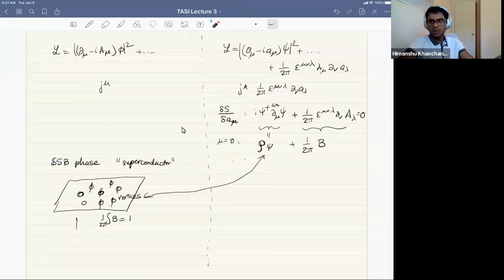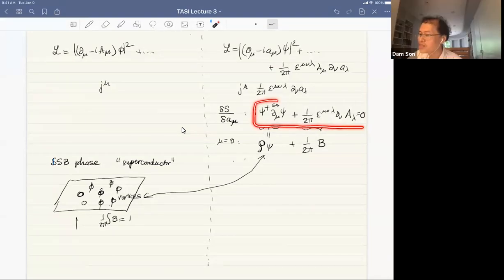Yes. And there is an equation of motion that relates, because now small a is a dynamical field, this current is now simply related to basically the external electromagnetic field.